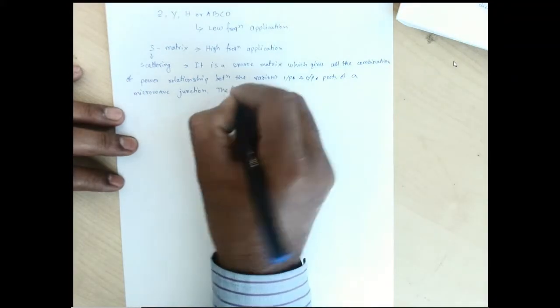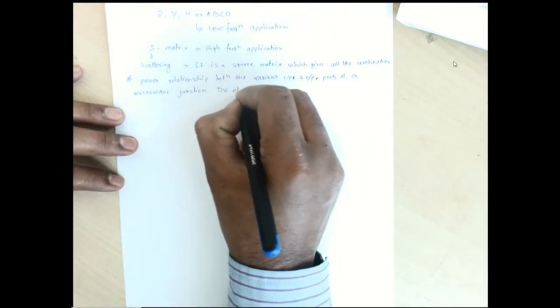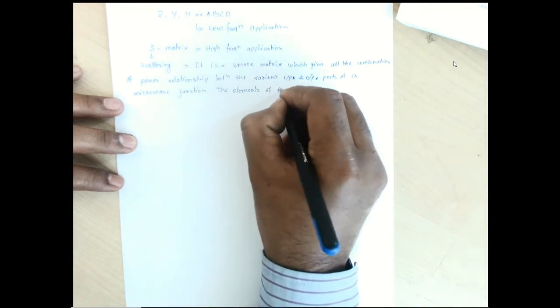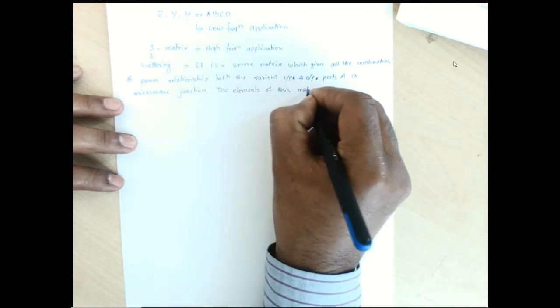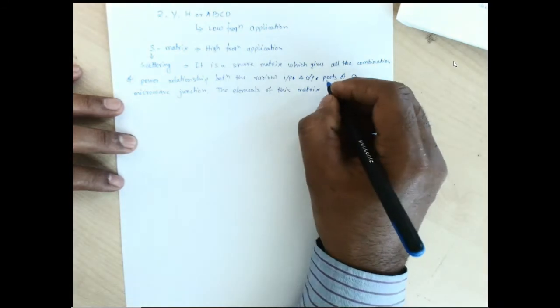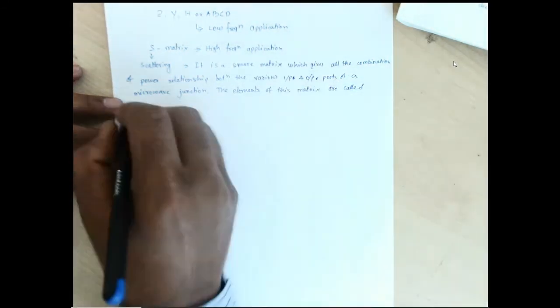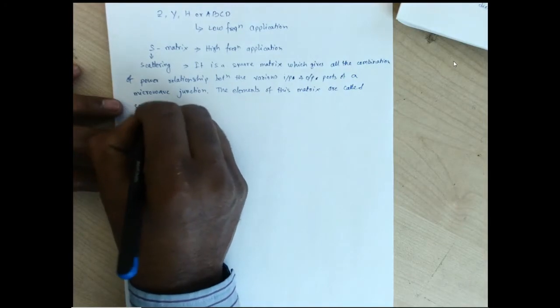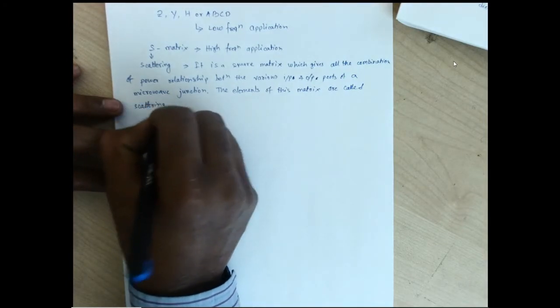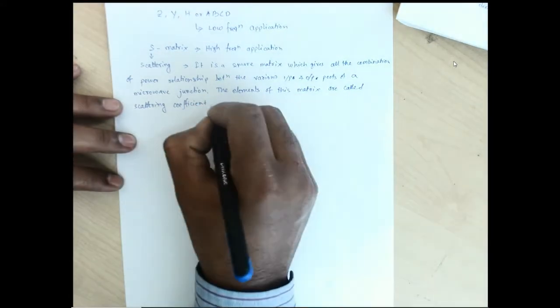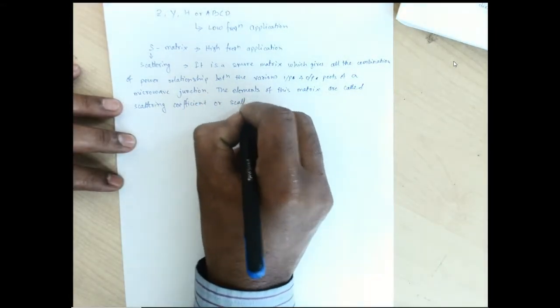The elements of this matrix are called scattering coefficients or scattering parameters.